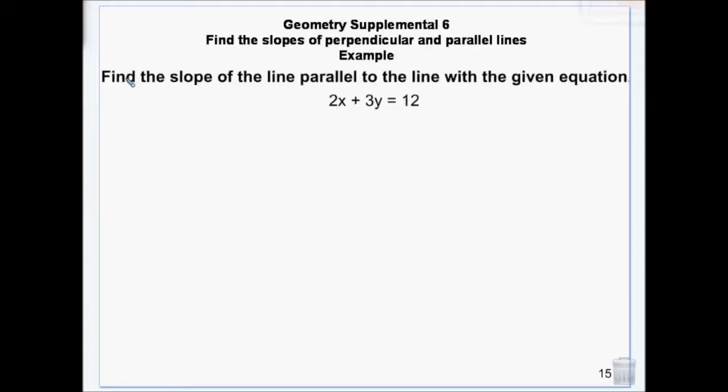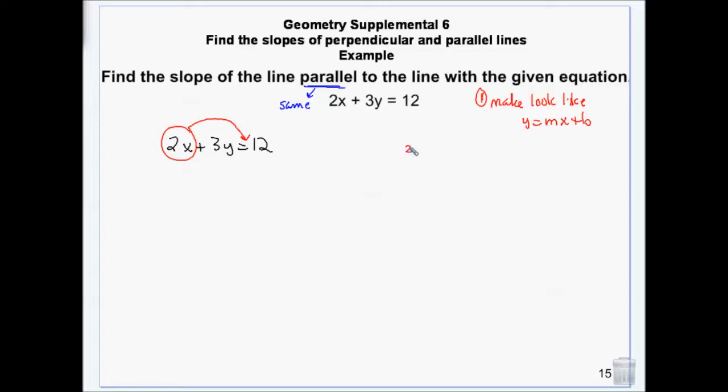To answer this question, we want to find the slope of the line parallel, so same, to the line with the given equation. So what I need to do is first make this look like y equals mx plus b. So I'm going to take that 2x plus 3y equals 12. I'm going to pick up this 2x and move it, and change the sign.